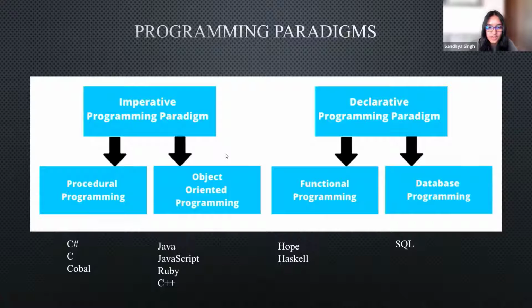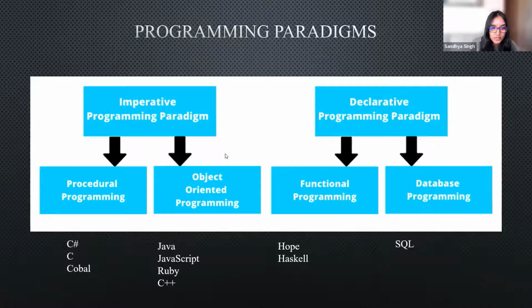Programming paradigms are a way to describe programs using style. The very first one we're going to talk about is procedural or imperative programming. This basically uses statements that change the program state and describes how the program would operate.